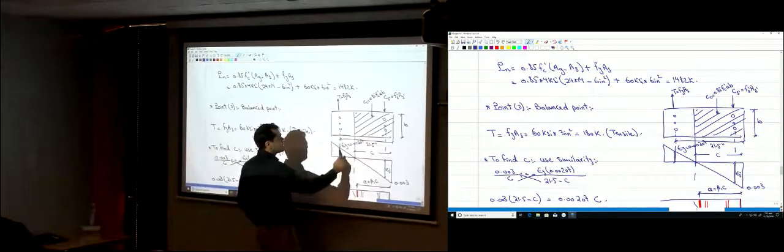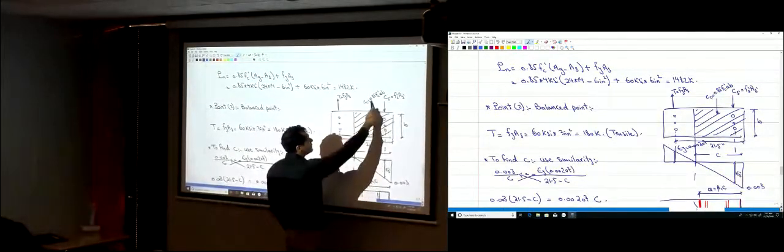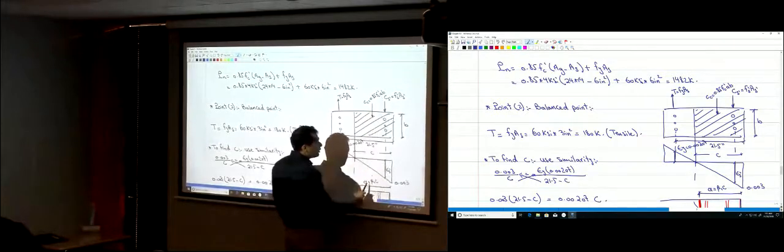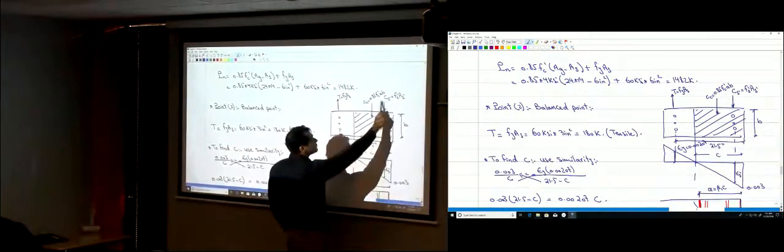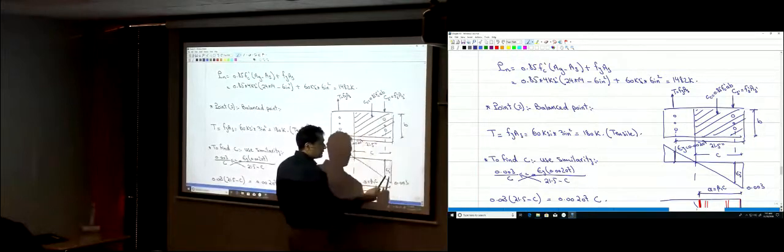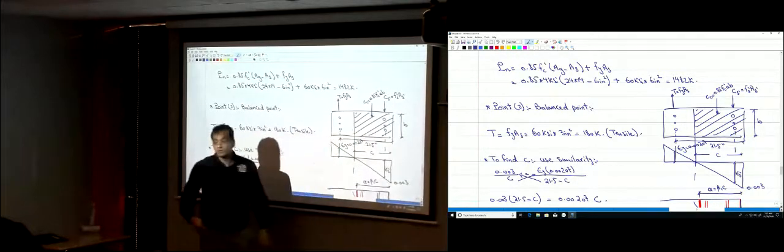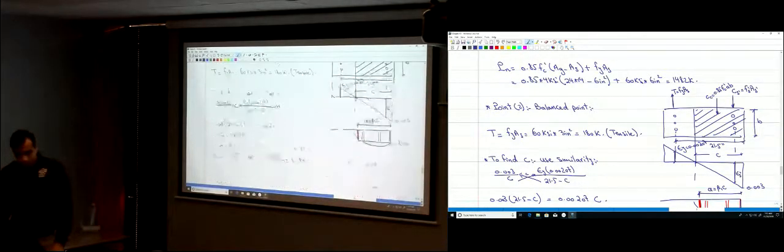Since the tensile steel yielded, it's Fy times As. The compression force in the concrete is 0.85 f'c a b. We already found a as a function of the distance C, and C we found from the similarity of triangles. And Cs' is fs' multiplied by As'. fs' depends on epsilon s', which we did, so we found those three forces.